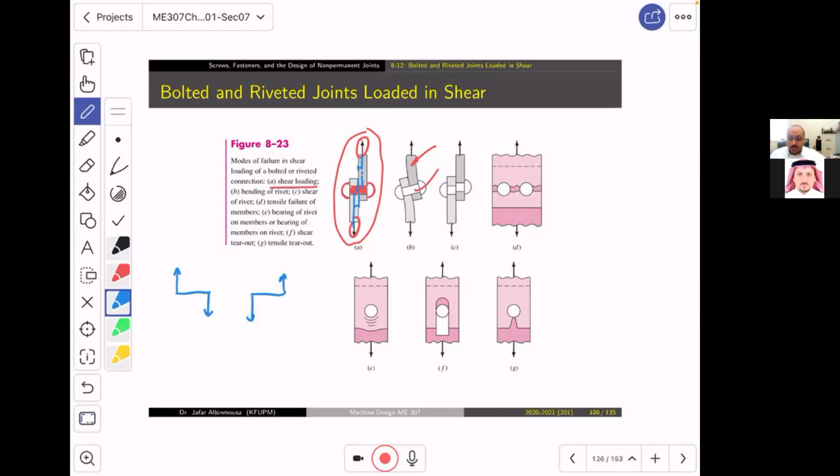But here we're not talking about the mechanics of forces. We're talking about the mechanics of the material itself. What happened to the material? So if the rivet is strong, but the material is weak, the material will tend to deform in a kind of rotational way due to that moment.